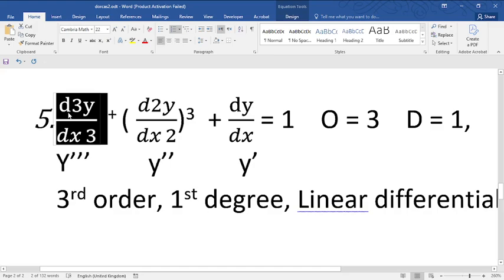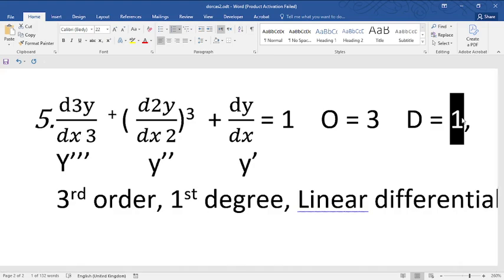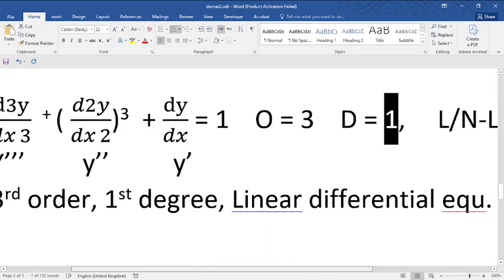It is raised to power 1. That one is now going to be our degree. Once your degree equals 1, the equation is going to be linear. But if your degree is greater than 1, your equation is going to be a non-linear differential equation. So the name we give to this particular equation is third order, first degree linear differential equation.